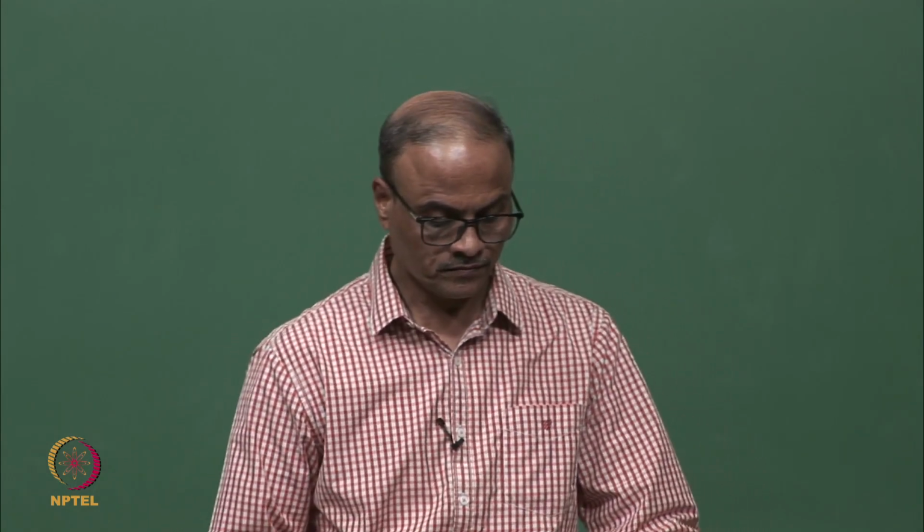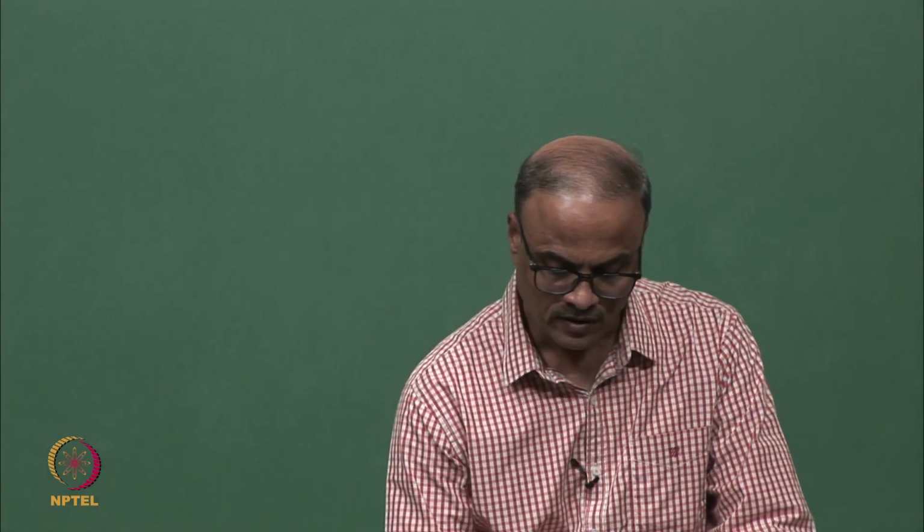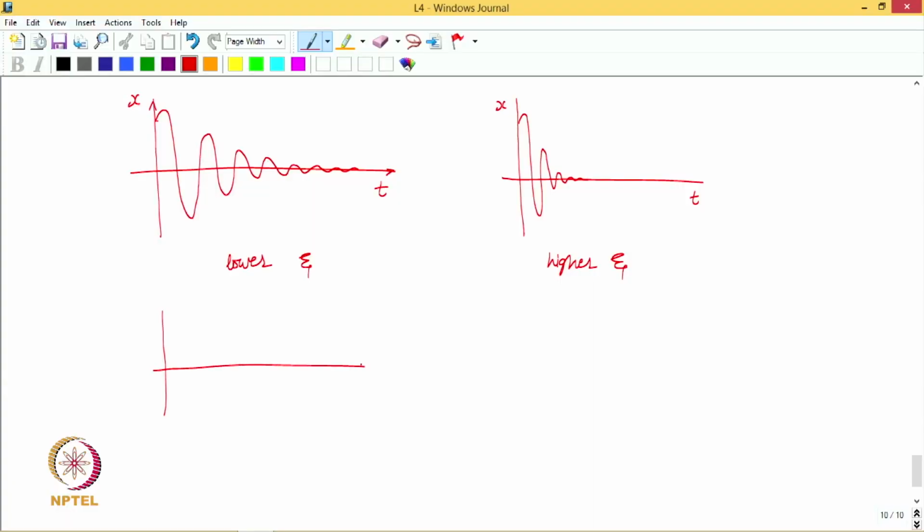Of course, if there is no damping, then the oscillations are going to continue forever, like this. They would not decay, and the amplitude of the oscillation would stay constant, like this.